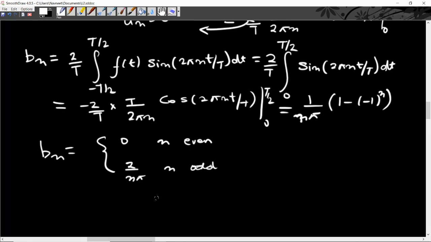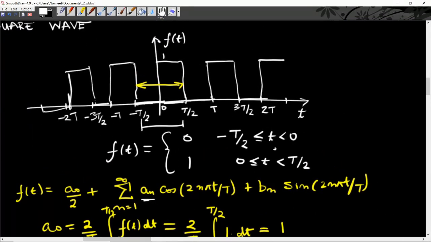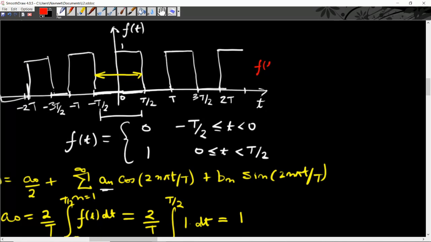Therefore, the Fourier series for the square wave that is shown in this figure over here can be given by f of t equals, so the time invariant term, the coefficient a naught was 1, so we have a naught by 2, which is equal to half, plus summation n goes from 1 to infinity, and we'll just take odd values of n because even values of these coefficients bn are 0.